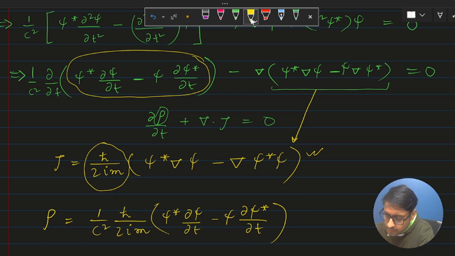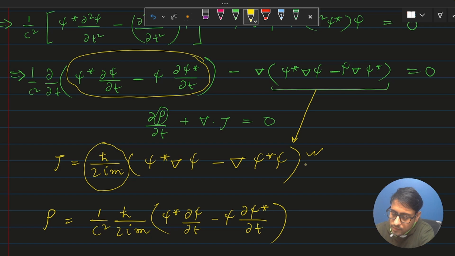You can check it by multiplying this whole term, this h bar, which we got from our previous calculation of the Schrödinger equation. If you multiply h bar over 2im to the whole equation, you will get this.